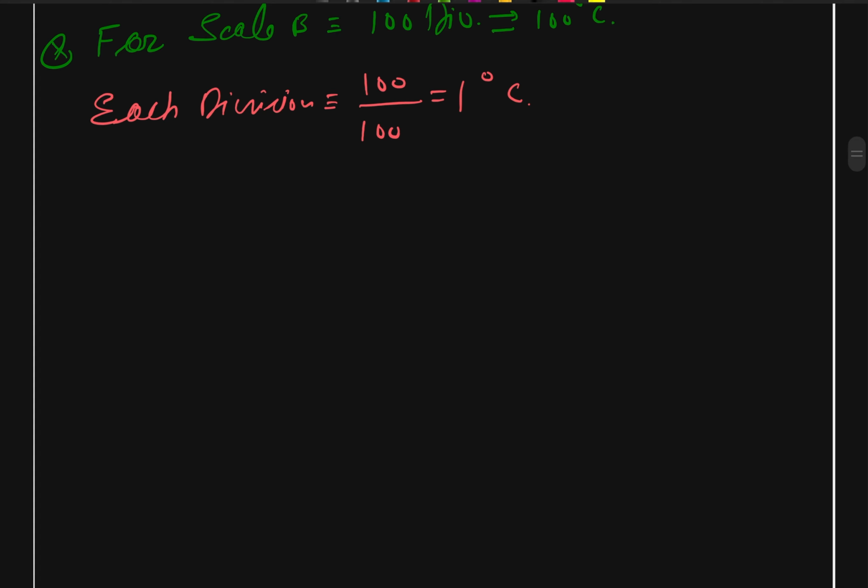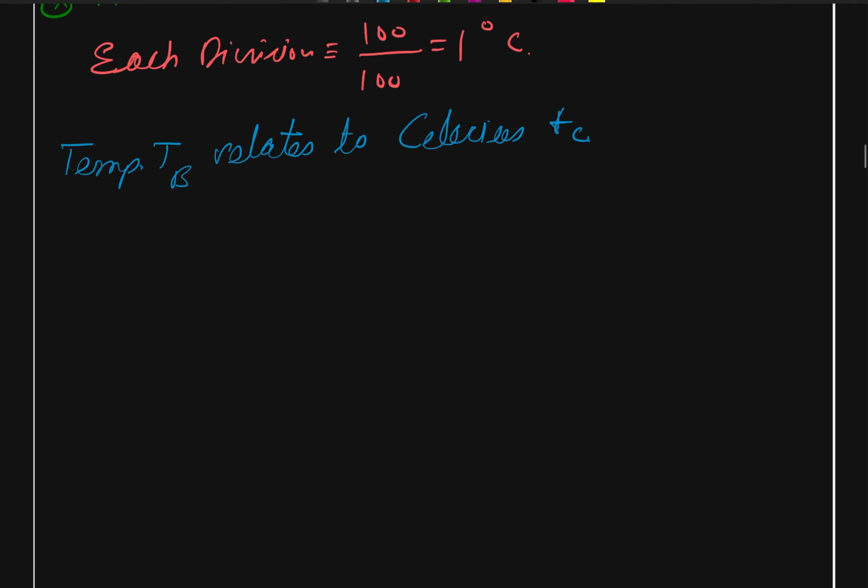Therefore, we can write temperature TB relates to Celsius Tc, and we get this as our TB minus 0, 100 minus 0 is equal to Tc upon 100. So from here we get our Tc is equal to our TB.